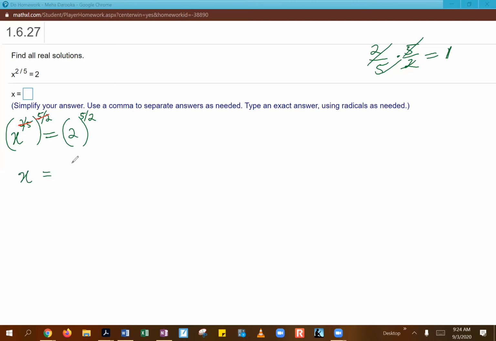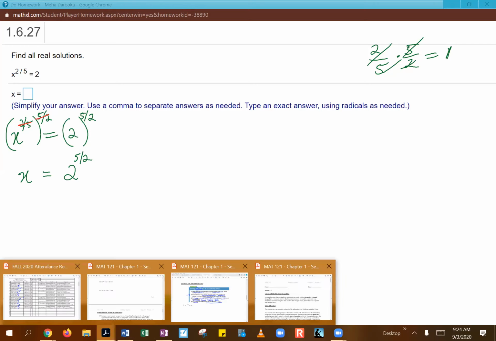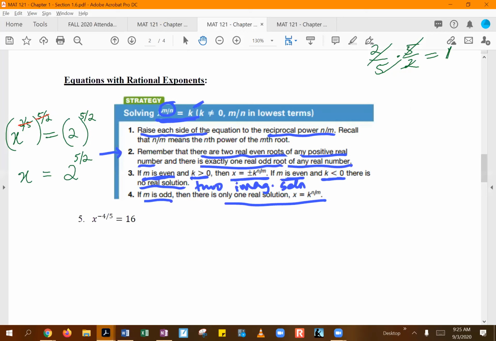Now on the right hand side, you've got 2 raised to the power of 5/2. If you go back to your handout over here, they are telling us when we have an m being an even number and our k being positive, we are going to have one positive and one negative root, and this is coming from step 3.